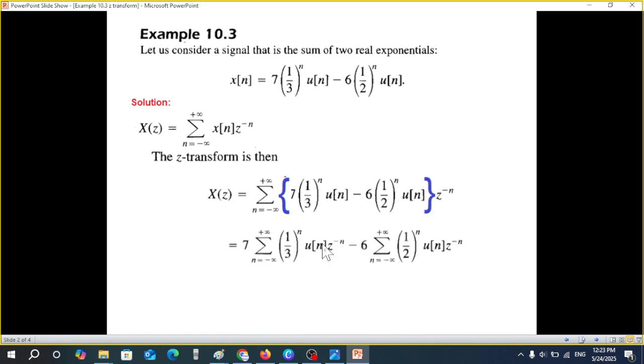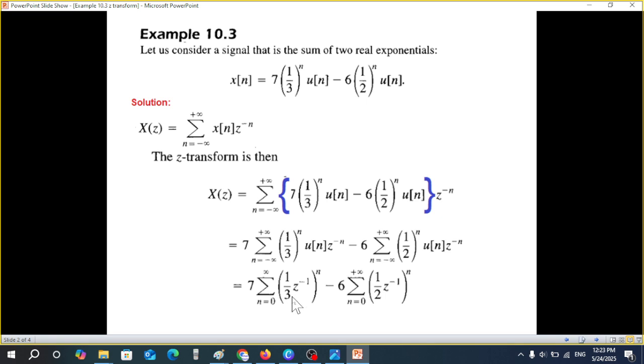And then we multiply individually with z^-n. These are two separate terms now. And z^-n can be added with 1 over 3, so it will be (1/3 z^-1), and then we take n common because there is an n here and there is an n here.